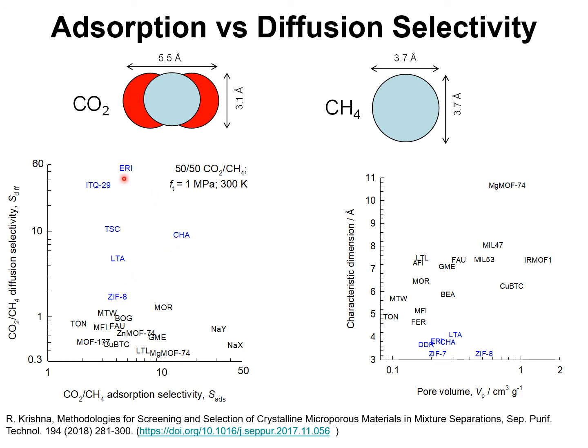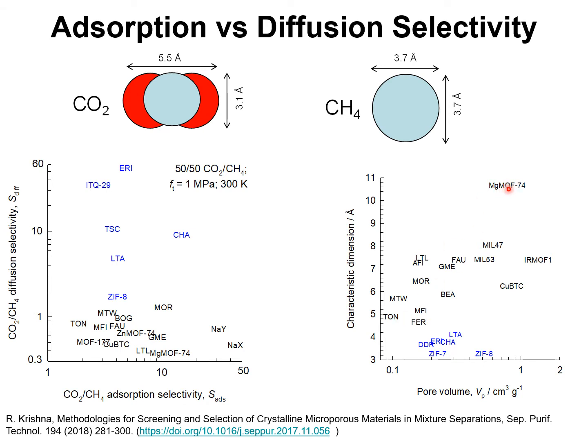If we examine the differences between the blue and the black materials by looking at the characteristic dimensions, we note that all the blue materials have characteristic dimensions smaller than about 4 angstrom that correspond to the window dimensions, whereas all the other materials have characteristic dimensions larger than about 5 or 4.8 angstroms.